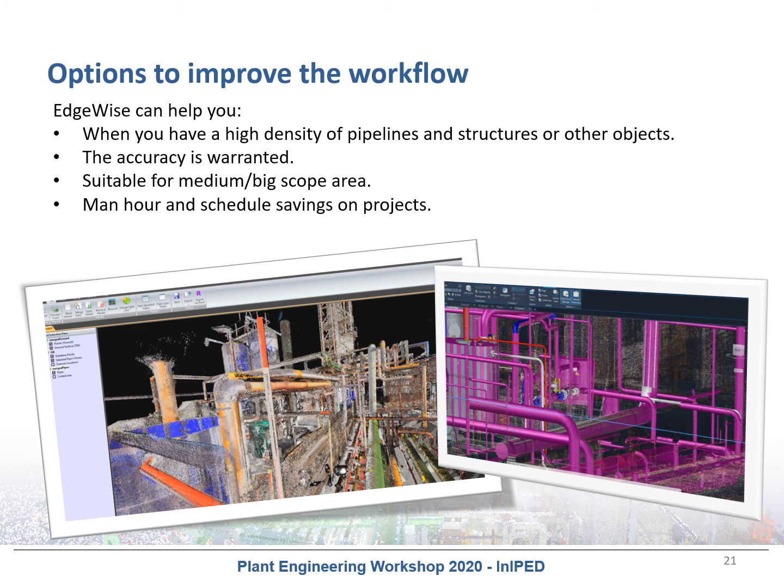Finally, we must apply a pipe specification in Edgewise before we export the recognized pipelines to the 3D piping software. The final result is that all the routings of the recognized pipelines are drawn automatically in your piping software model.